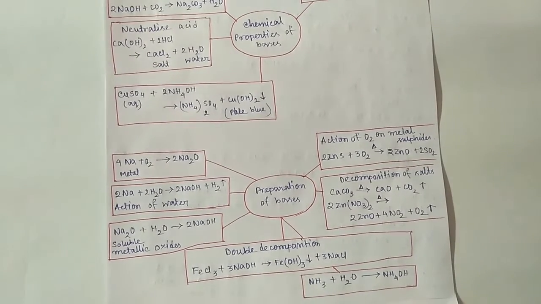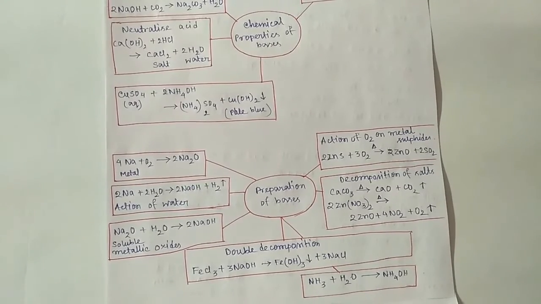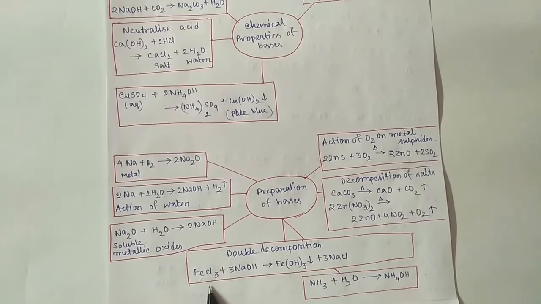Okay, so double decomposition is the process when an aqueous solution of salt is treated with base or alkali, it precipitates the respective metallic hydroxide. For example, FeCl3, the aqueous solution, when treated with NaOH base, produces Fe(OH)3, ferric hydroxide, and the color of ferric hydroxide is orange or brown orange.